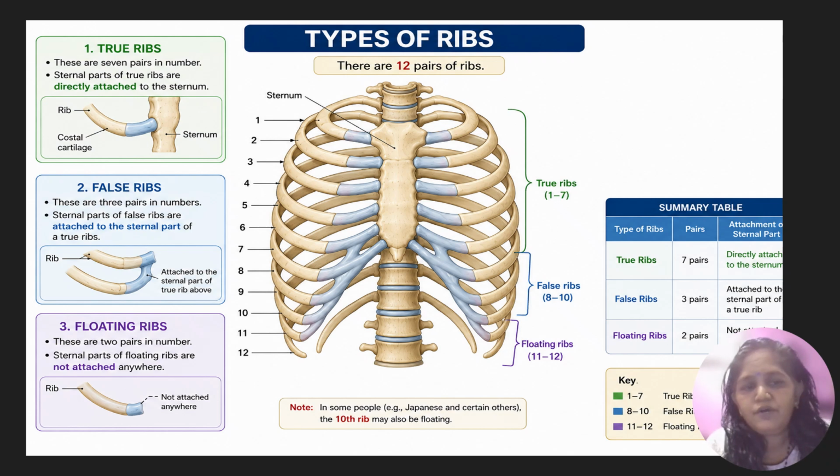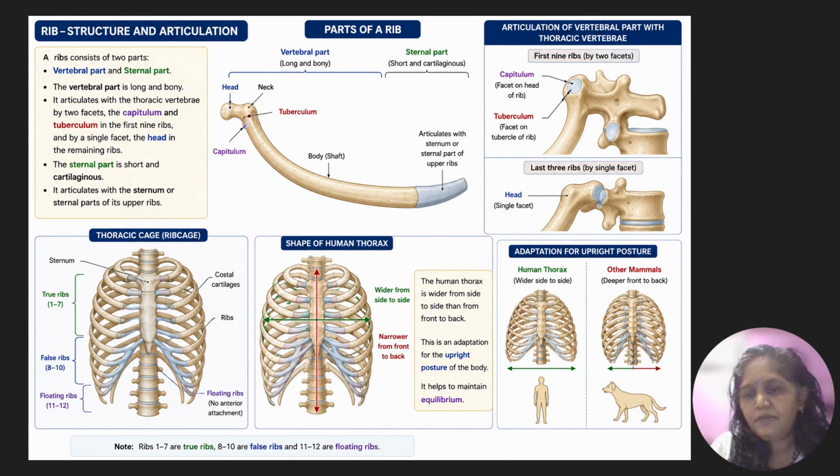You can see over here that the sternal part is attached to the false ribs. Now, floating ribs. The floating ribs are not attached to the sternum.